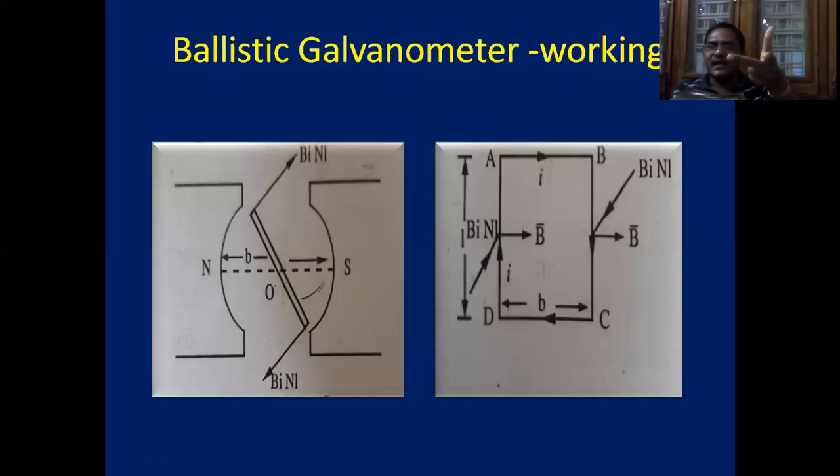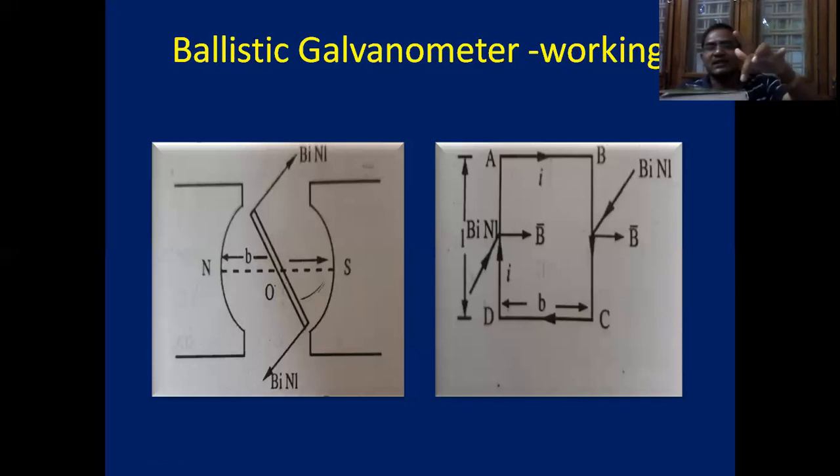So on the side AD, the current is in this direction, B bar is the field direction, and the force direction is like this, perpendicular to the plane, inward. Coming to the side BC, here the current direction is the middle finger direction, the B bar direction is denoted by the forefinger, and the thumb denotes the force direction.